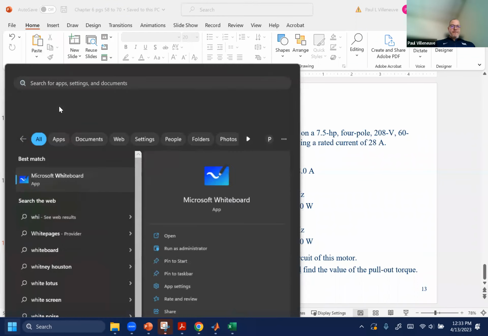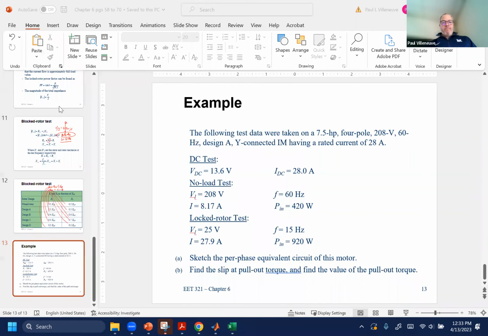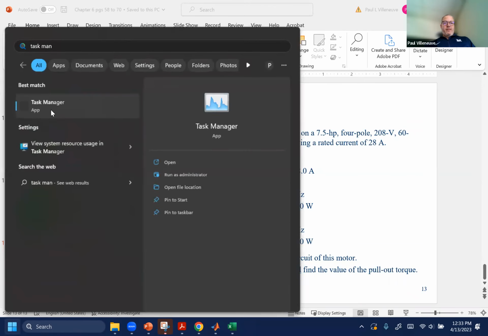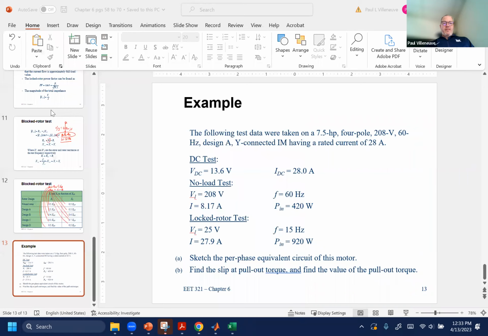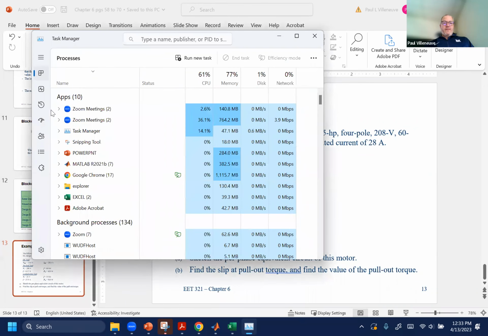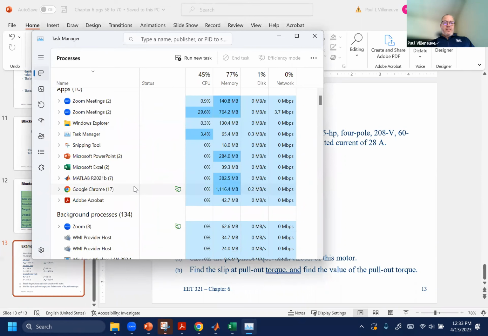Try that again. Wow, that was a bad crash. Let's see if it's running in the background.